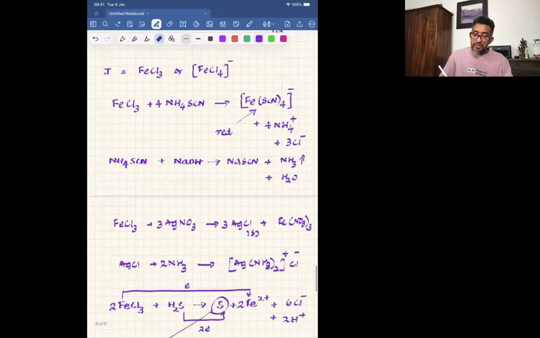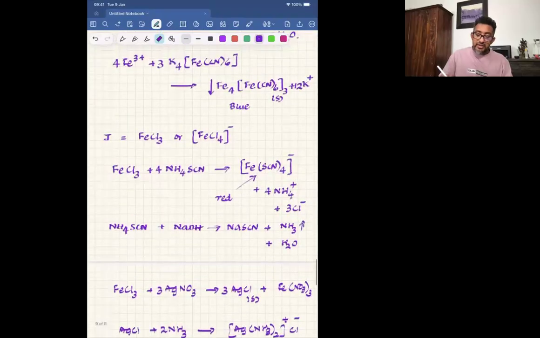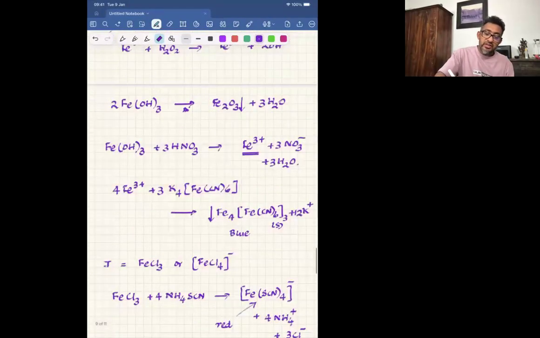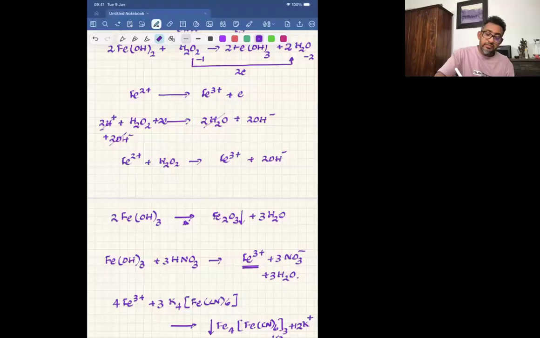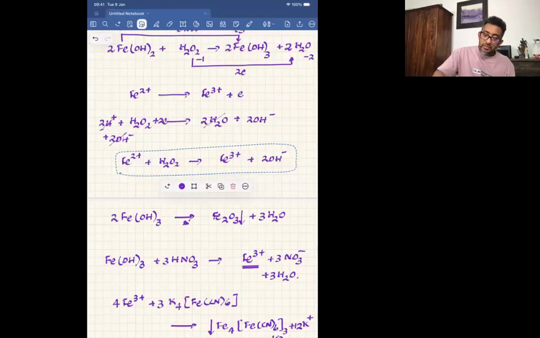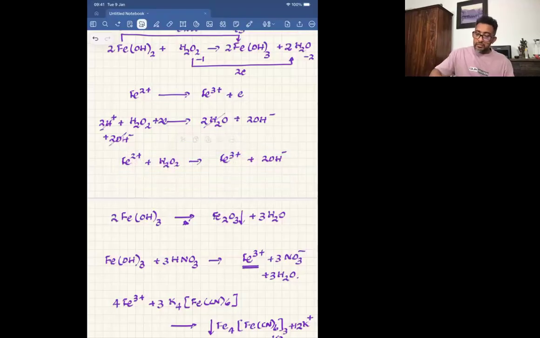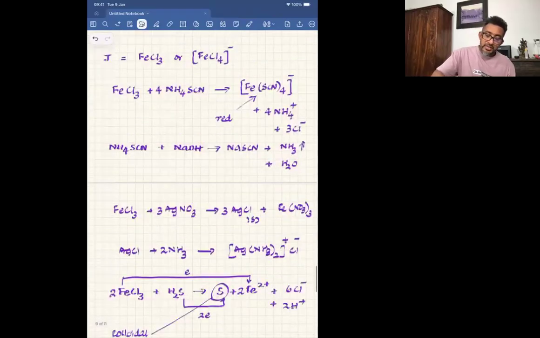Give the relevant balanced chemical equation for the stated function. We wrote the balanced chemical equation somewhere here, right? So this is the equation. We'll paste it here, right?